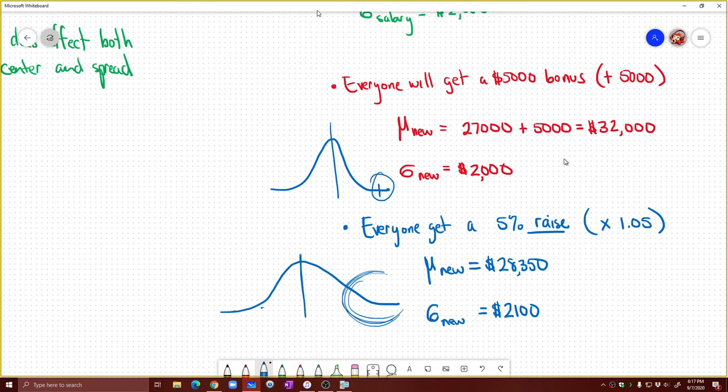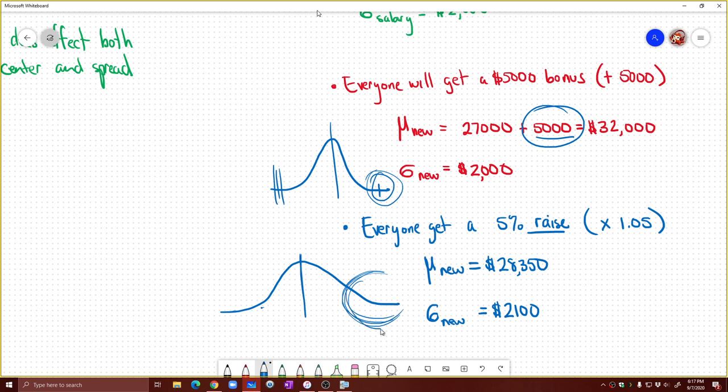Like, I'd rather have the money in my pocket now. It's great because everybody's going to get exactly the same amount, 5,000. Doesn't matter how many years you worked in here. Doesn't matter what your average salary is. You're just going to get a flat 5,000. So for those at the bottom, this might be a big incentive. But maybe if you're on the higher end, I'd rather get 5% of what I currently earn.